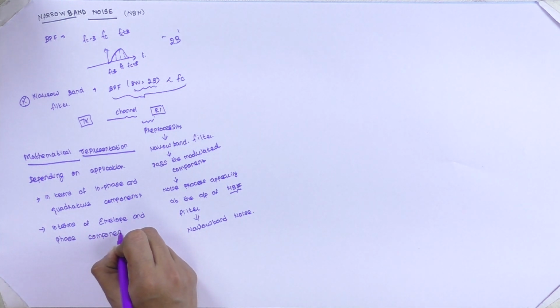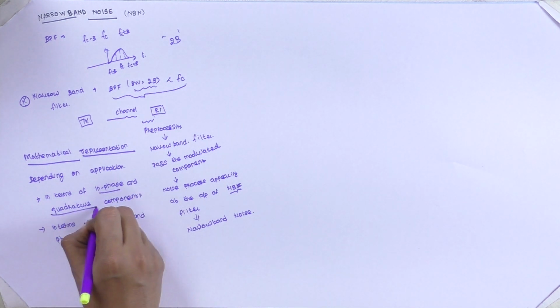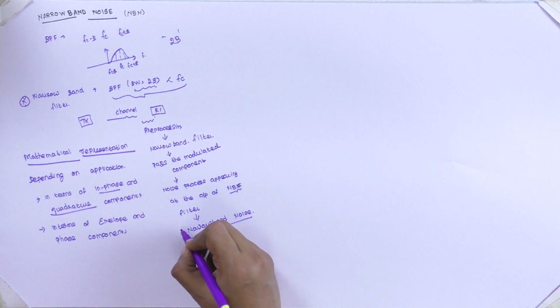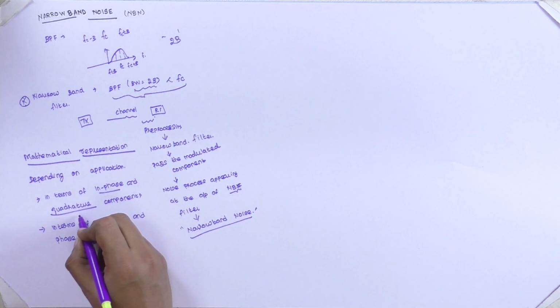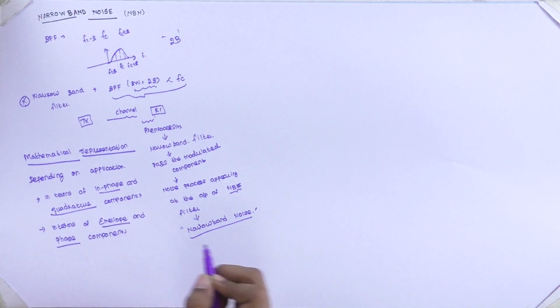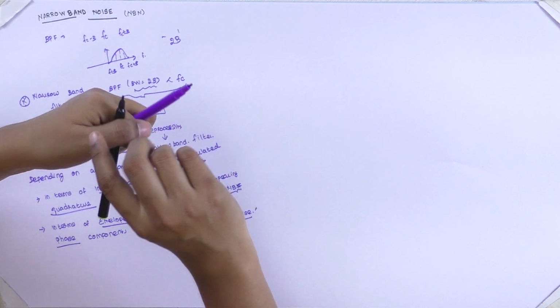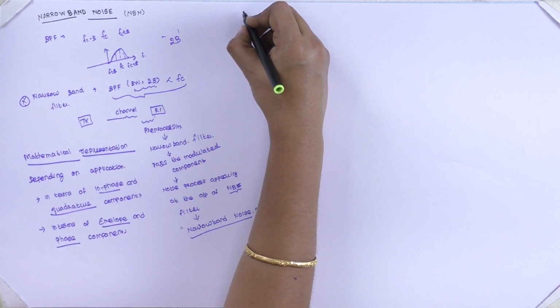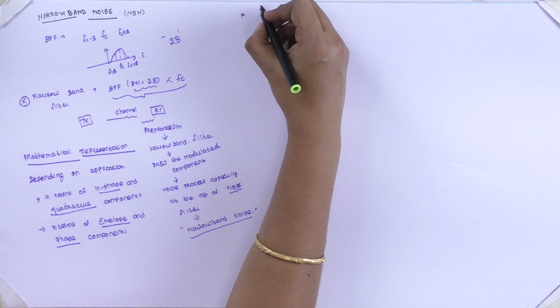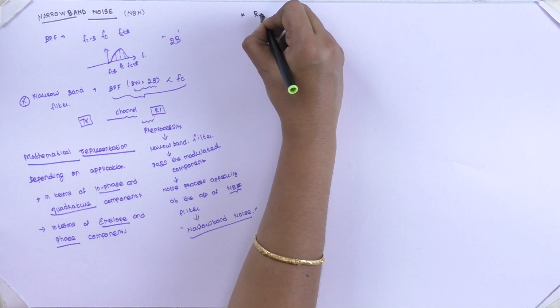So, we are going to see how to represent this narrowband noise in terms of in-phase and quadrature components, and also in terms of envelope and phase. First we will see the representation of narrowband noise in terms of in-phase and quadrature components.